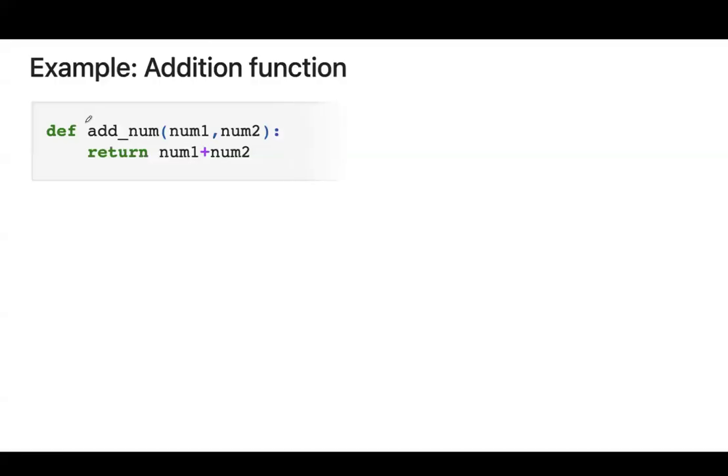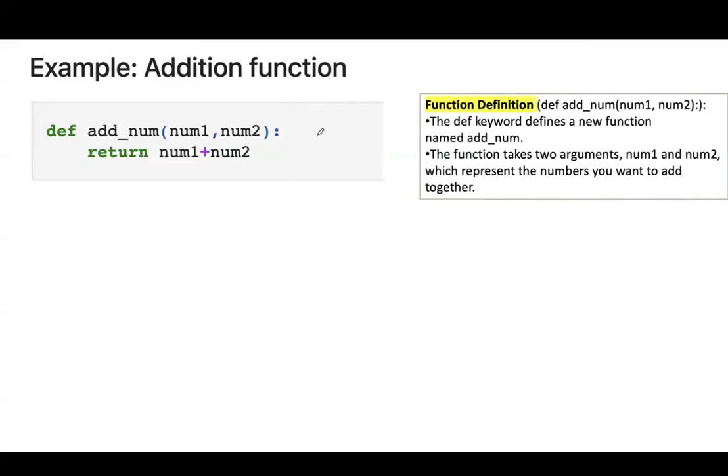Let's do a little bit of calculations, an adding function. Let us define a function that adds numbers. We're going to call this function add_number, pass in two arguments, num1, comma num2, colon, indentation, and then return the addition of these two numbers. Again, remember the syntax. We use the def keyword to define the function, and it has two arguments.